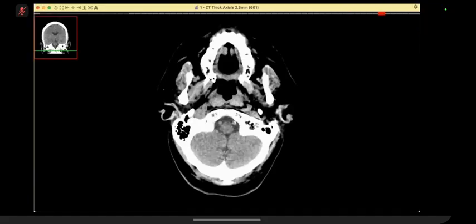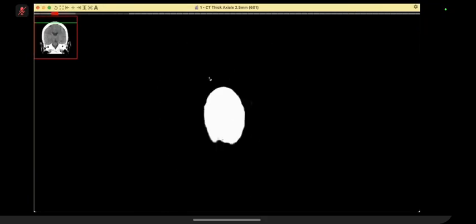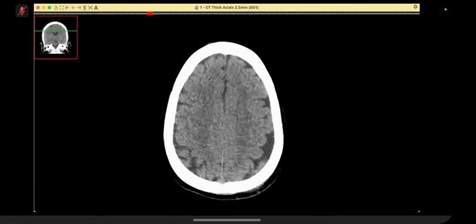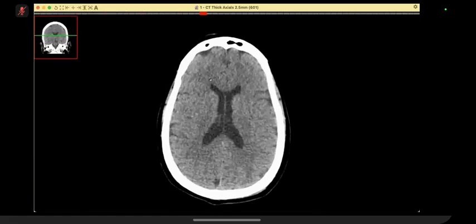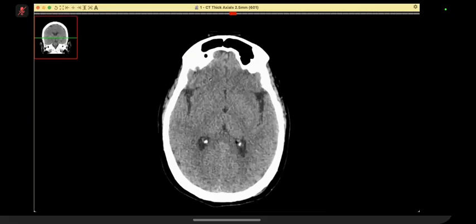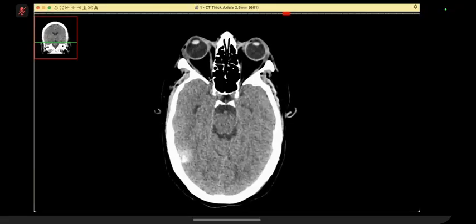I'm just scrolling from down to up. Okay, this is the CT brain of the 70-year-old female with suspected occipital hematoma.